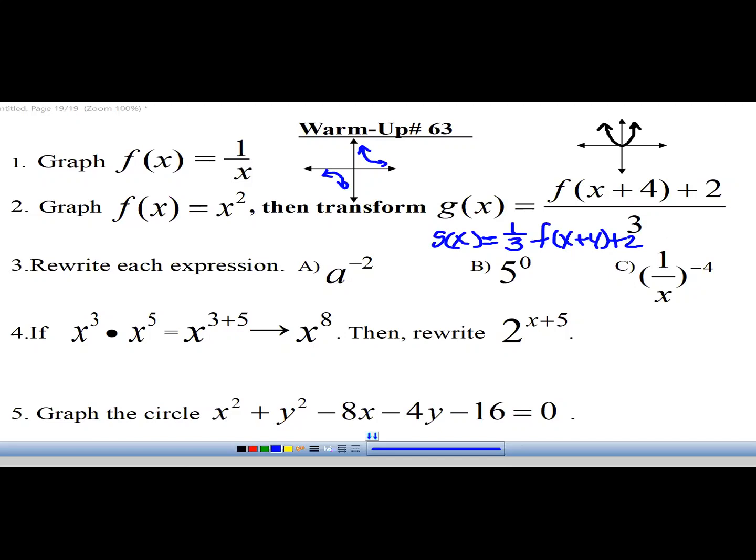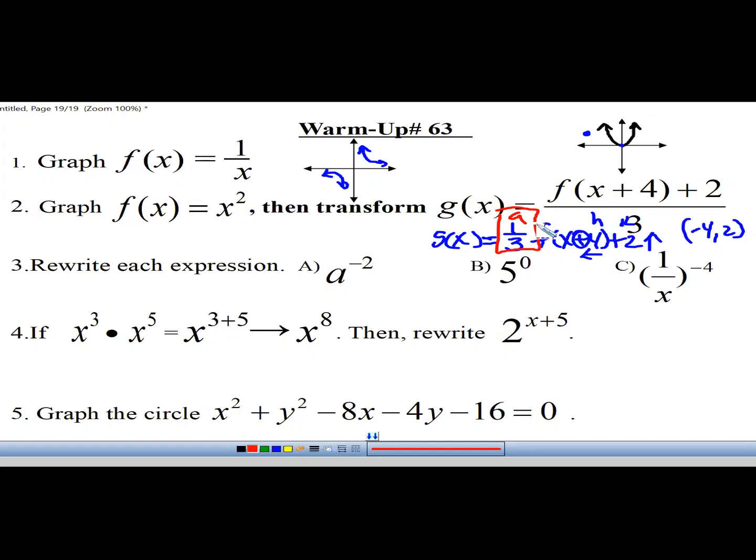So here we go. Let's graph this. According to what we see here, the 4 is our h, our 2 is our k. So the 4, since it's a positive 4, it's going to the left, and the 2 is going up. So my new vertex is at -4, 2. So instead of being at 0, 0, I go to -4, 2, which is up here. However, this 1/3 corresponds to the parameter a.